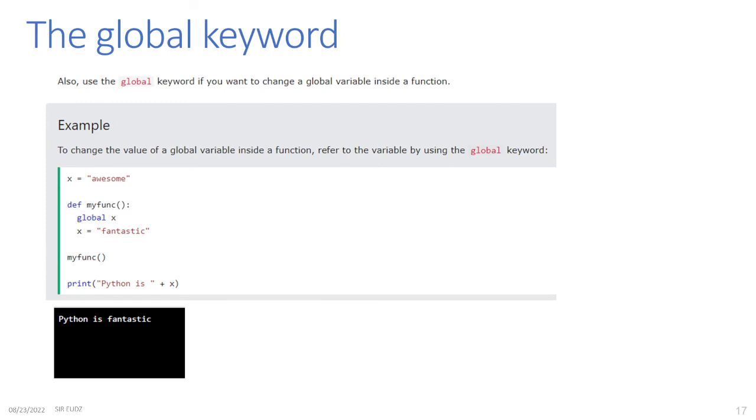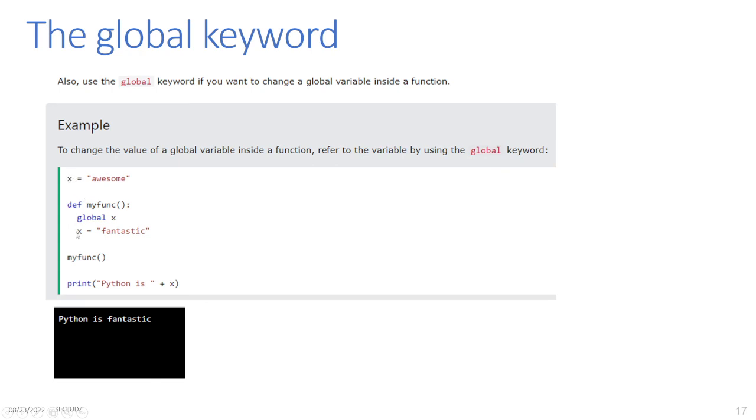Again, the global keyword. So also use the global keyword if you want to change a global variable inside a function. So to change the value of a global variable inside a function, refer to the variable by using the global keyword. So define function global x equals fantastic. So since we have declared x here to be global, this x now is referring to the same variable here, x.